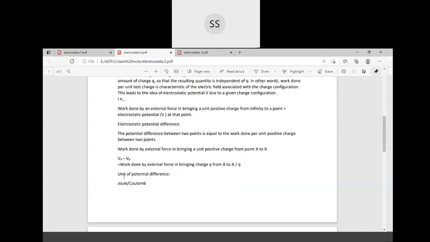Since the unit of work done is joule and the unit of charge is coulomb, therefore the unit of potential difference is joule per coulomb.